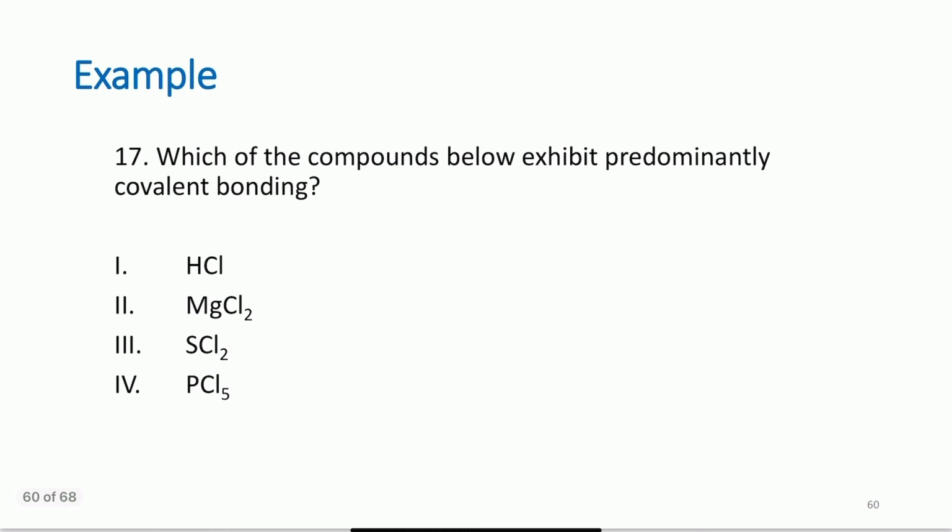Which of the compounds below exhibit predominantly covalent bonding? In order to answer this question, you really do need their values of electronegativity. So, hydrogen, 2.1. Chlorine, 3.0. Difference, 0.9, which is considered polar covalent.